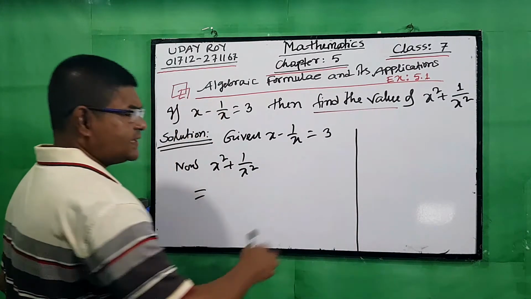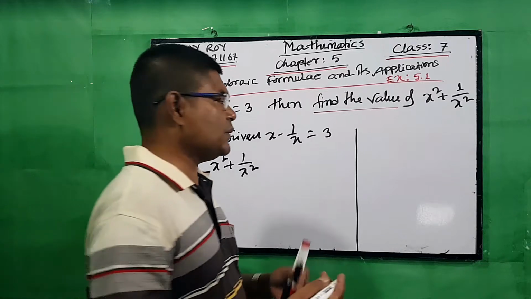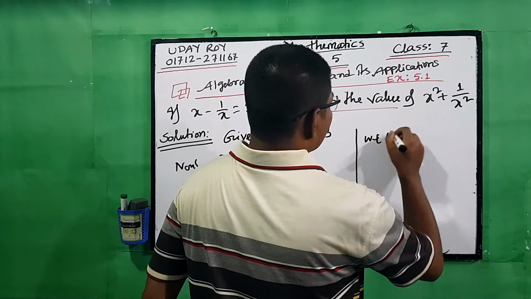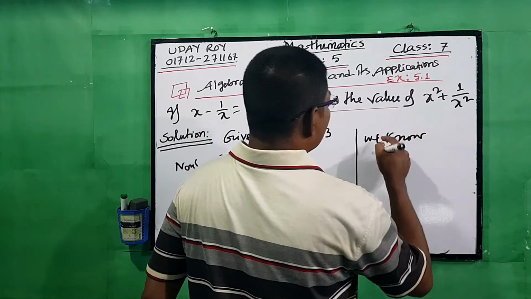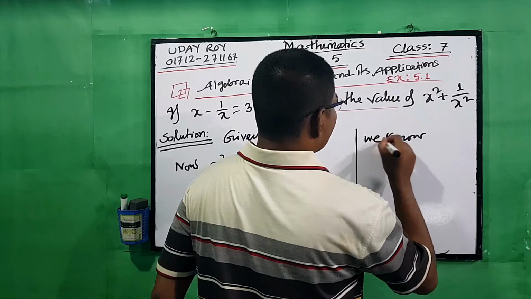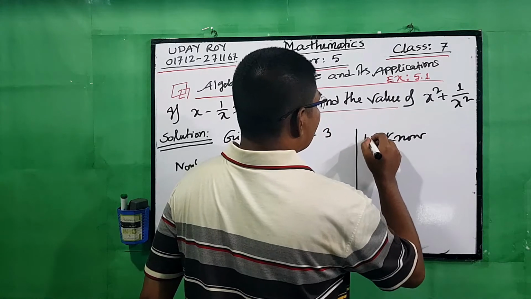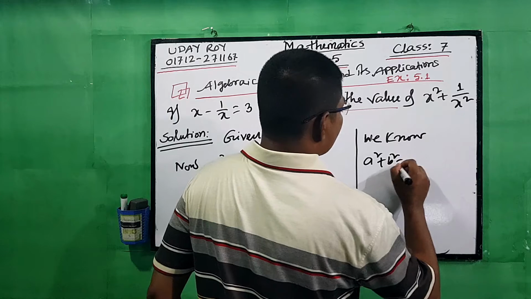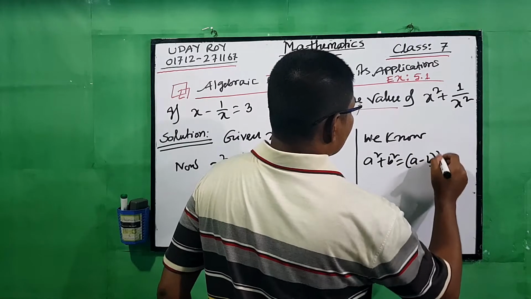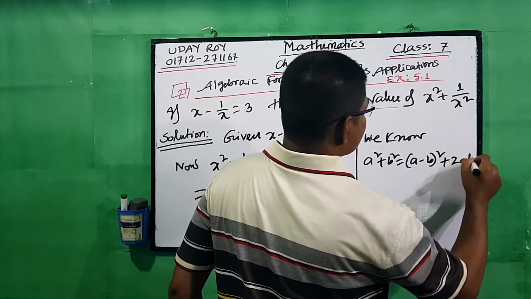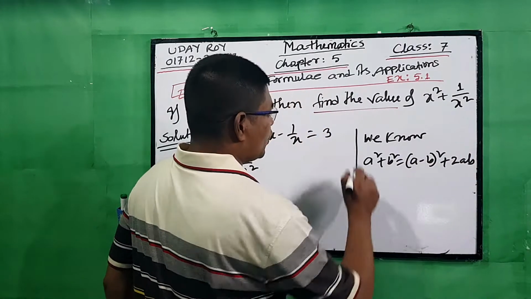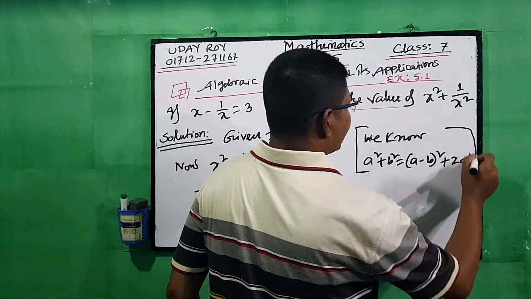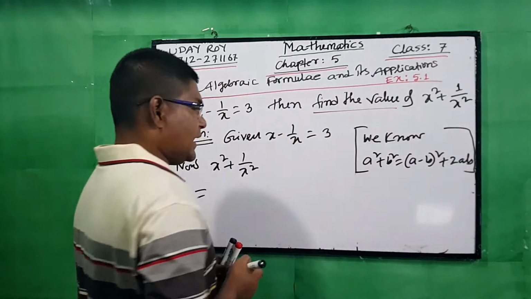If you forgot the rules, you can write: we know A square plus B square equal to A minus B whole square plus twice AB. This is the rule, that means corollary for your maths.